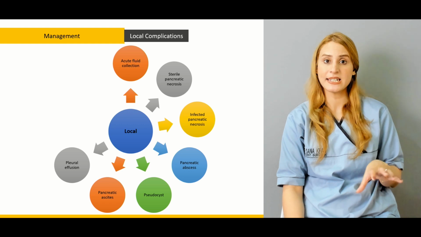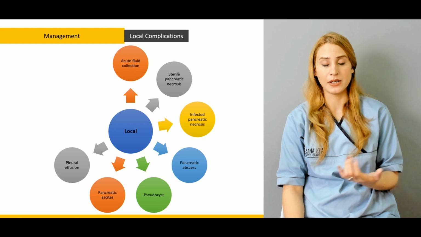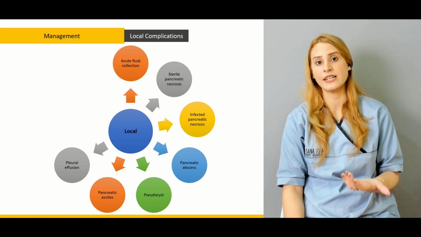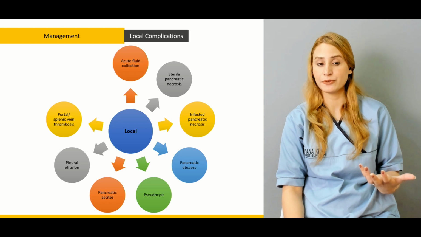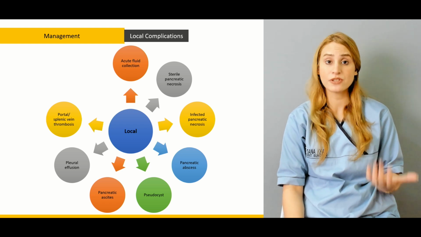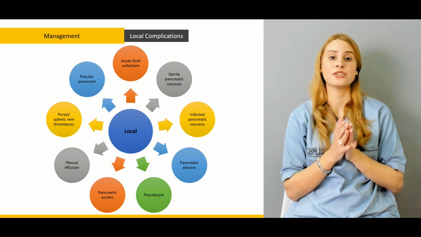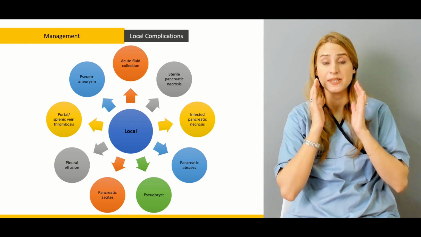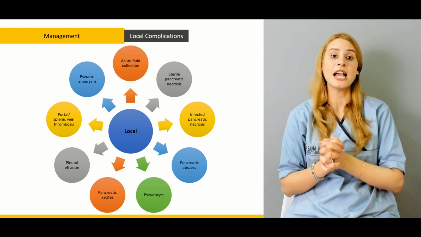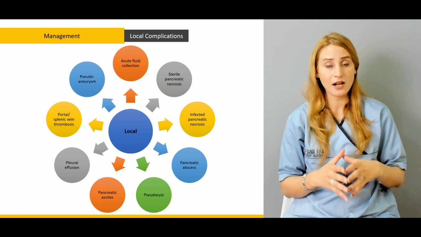Now, this pancreatic ascites is, again, a fluid collection in the peritoneal cavity, and as a complication, there can be pleural effusion, there can be portal or splenic vein thrombosis, and there can be formation of a pseudoaneurysm. So that's why pancreatitis is very much important to be discussed, because it has local complications and systemic complications.